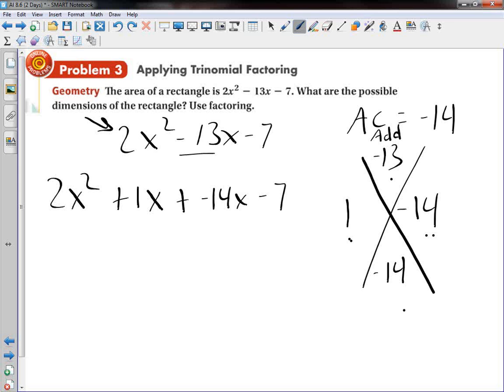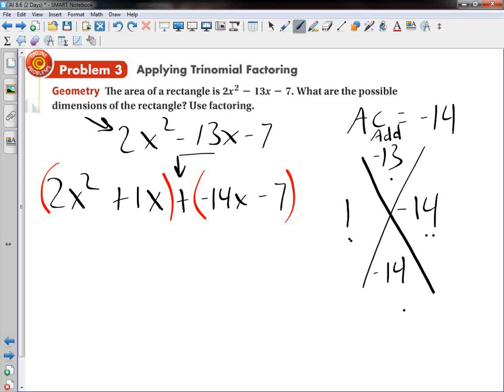Remember that we want to make sure that we add the negative number, right? We don't want to put just a minus sign in there and call it good. And the next step for us to do is to group the terms.